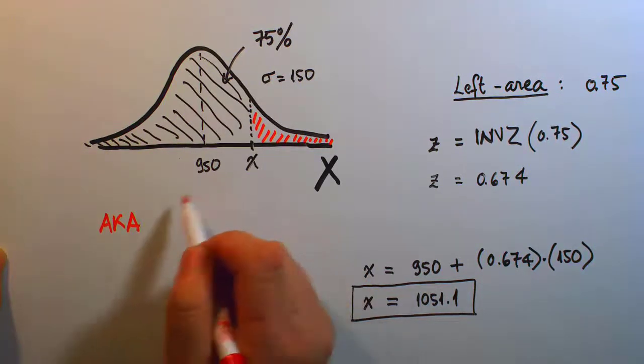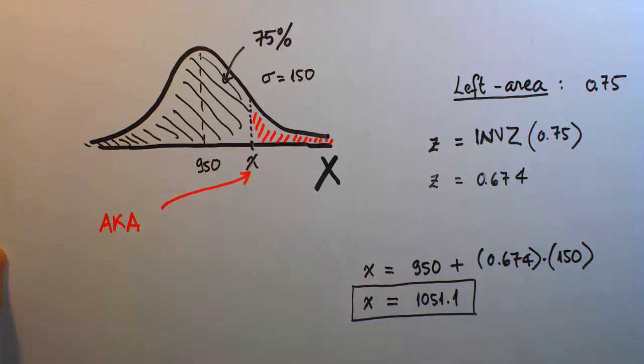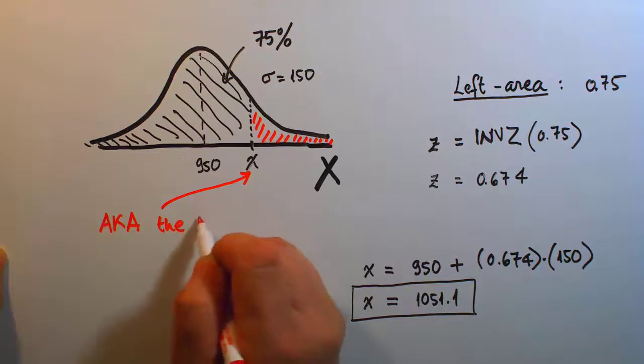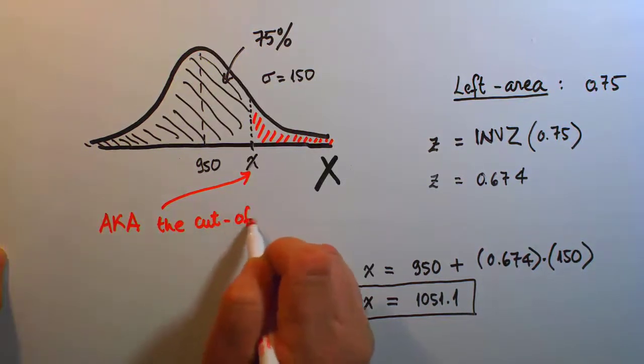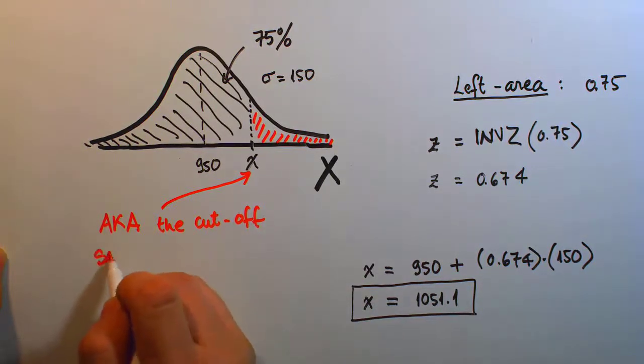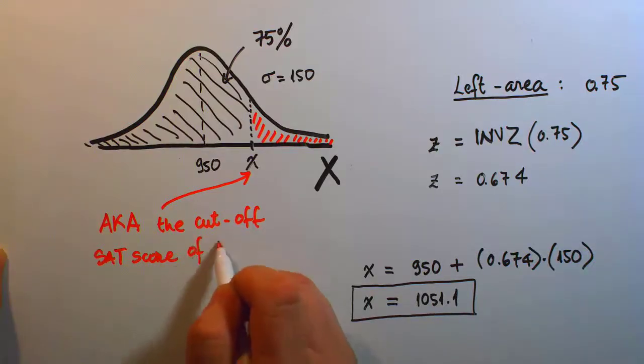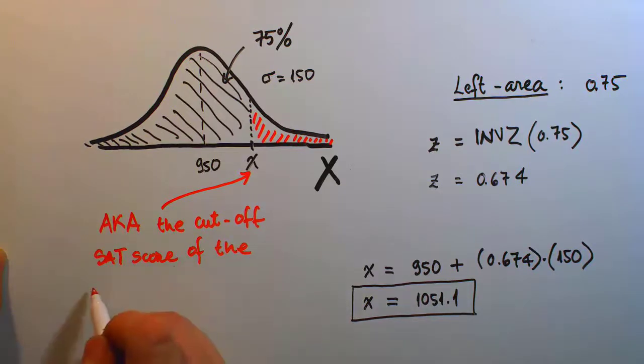So this same question could also have been known as this value x right here, aka the cutoff SAT score of the top.